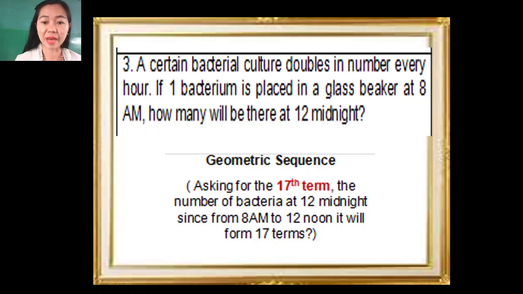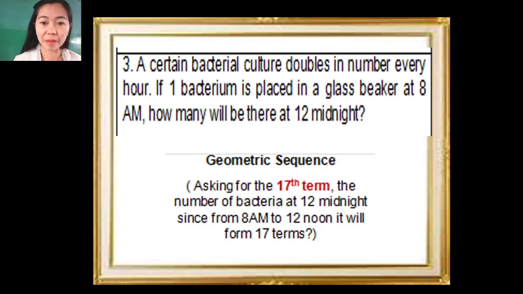And you are asked to find the 17th term. So why is it the 17th term? Because if you are going to write down the given data based on the problem, starting from 8 a.m. up to 12 midnight, there are 17 terms for the number of bacteria.